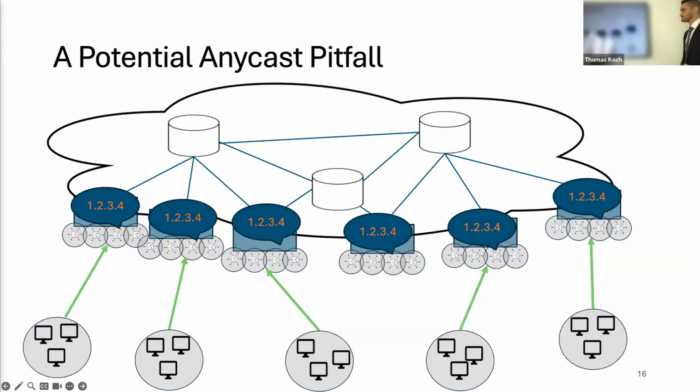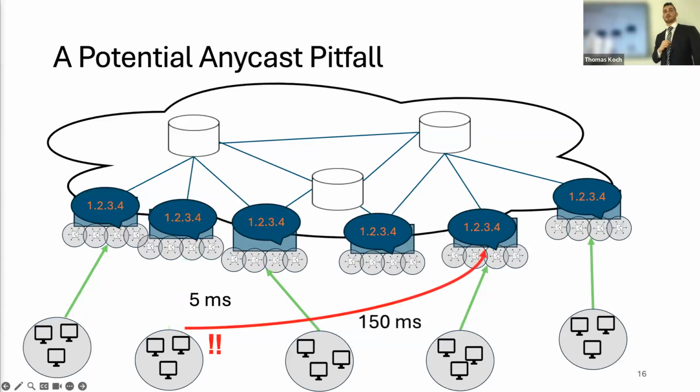There's a pitfall here. Let's say that this user is visiting this site and it's in their city. So there's a low propagation delay, only about 5 milliseconds. That's pretty small from a networking perspective. But what can go wrong is the internet can say, well, you're trying to go to 1, 2, 3, 4, so go there.